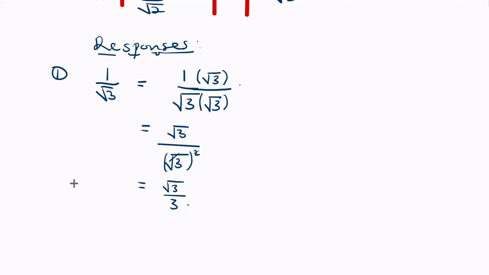Our expression, 1 divided by root 3, after rationalizing the denominator, now has a rational number, 3, as its denominator. So these two are equal. Therefore, we have completely rationalized the denominator, and root 3 over 3 is the right answer for number 1.